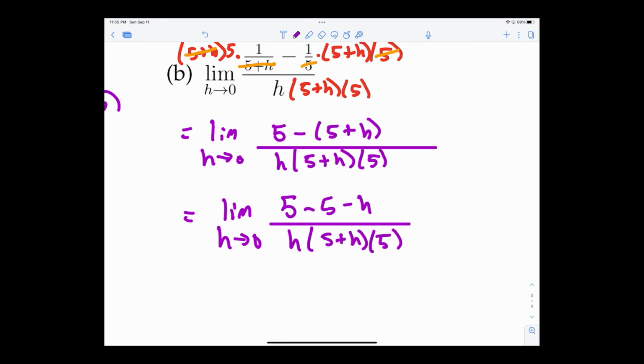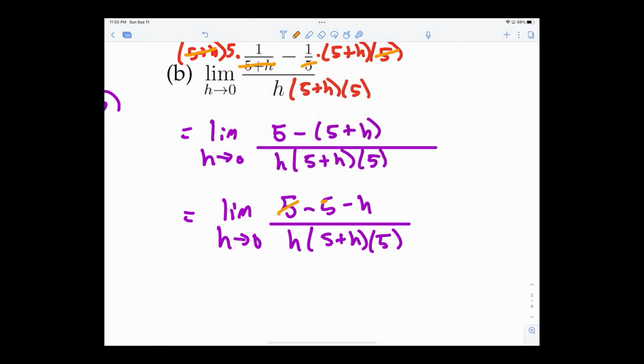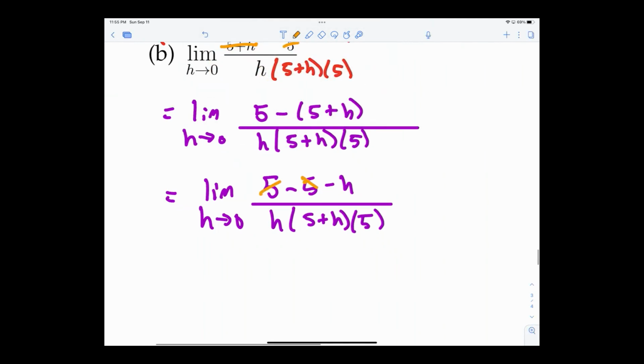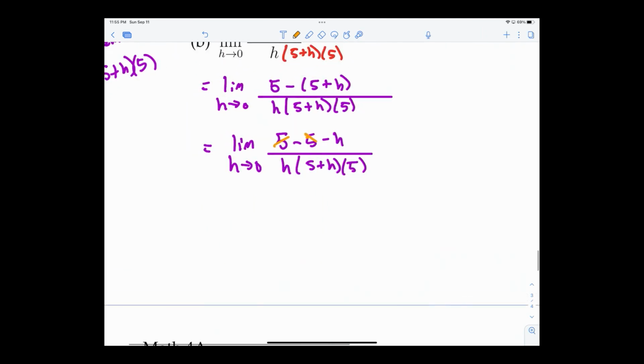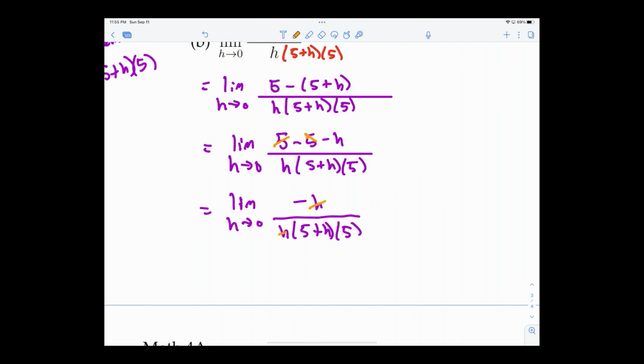And we're doing nothing to the denominator. So the 5's cancel. So we have a limit as h goes to 0 of negative h over h, 5 plus h, 5. And actually, it is the h that cancels.